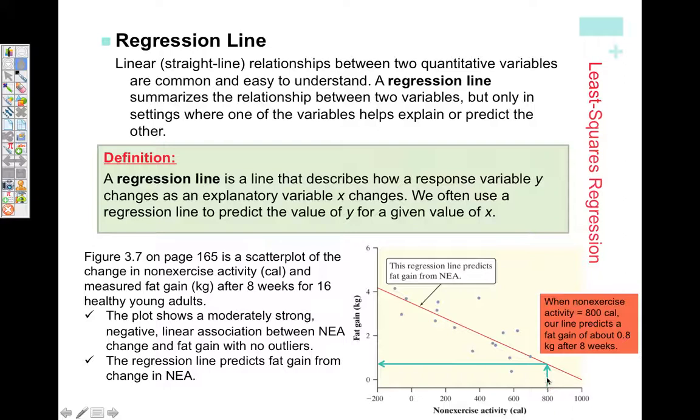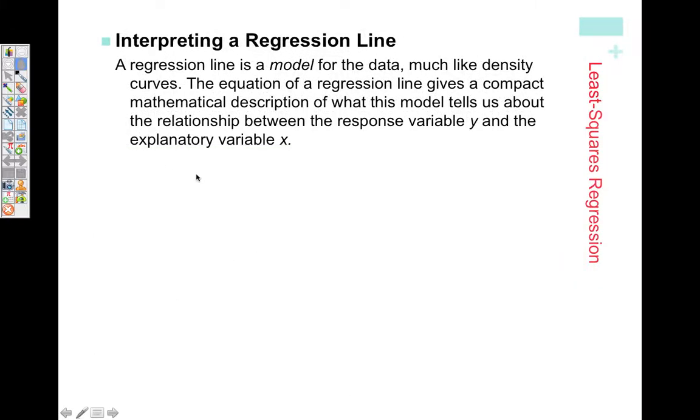So we go up to the line from our explanatory variable over to our response variable, and that is our predicted value. So this is a model. This is modeling what's happening. It's not a perfect explanation. It's just giving us an idea of what's going on.